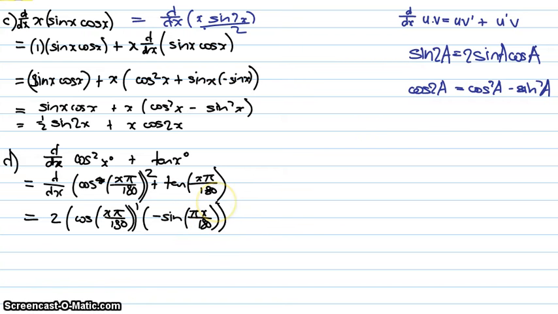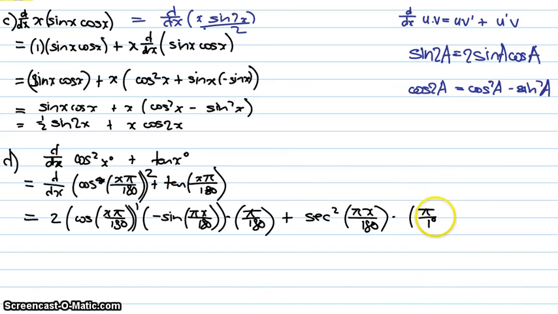Multiply by the derivative of the inside, pi over 180. So that's the first one. Then if I differentiate tangent, I get secant squared and then differentiate the inside, I'm going to get pi over 180.